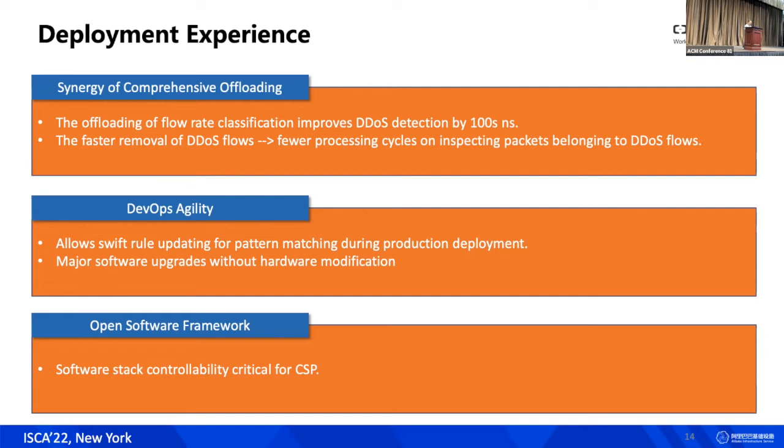And DevOps agility is very critical, because swift rule updating is essential. During the deployment, we've seen rule updates every day, sometimes every couple of days and weeks.